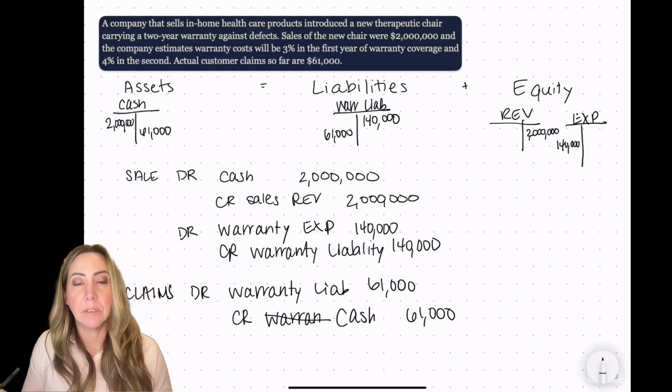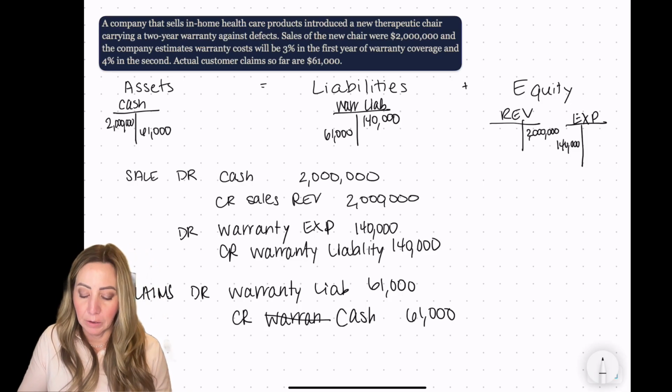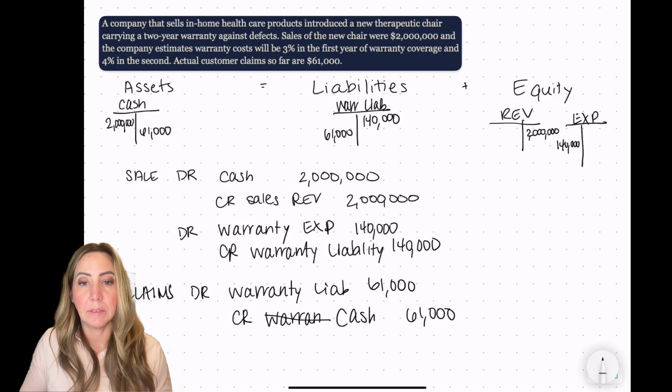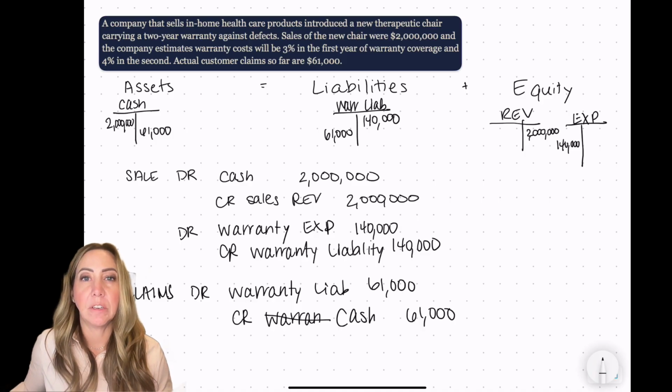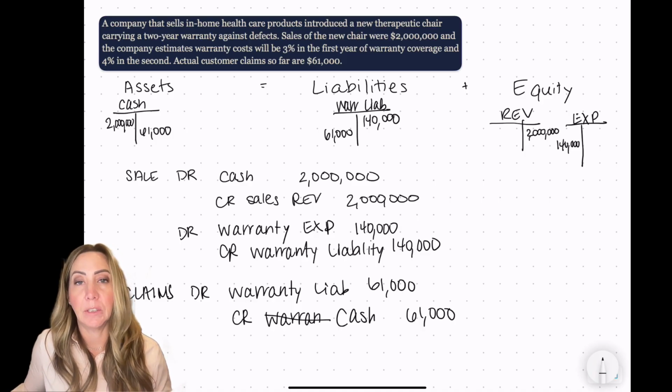We're assuming that it's cash in this case, but it could be other things that we might have to credit that we used in order to service these warranties. But either way, we've got it up to date. Our warranty liability is up to date, and any adjustments that need to be made to it down the road can be adjusted accordingly by increasing expense in the period that we know that that's true.